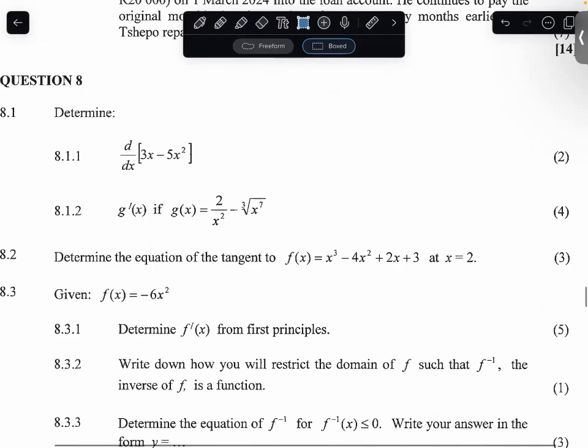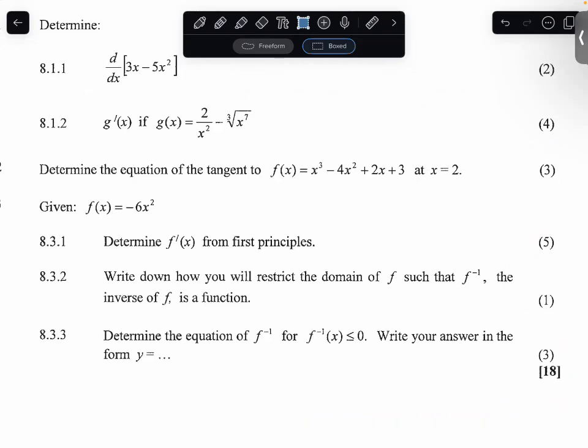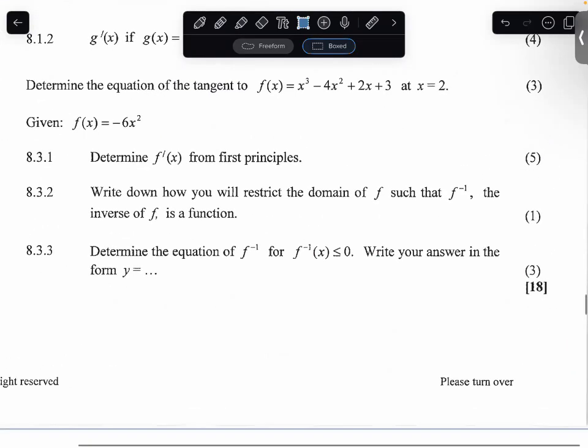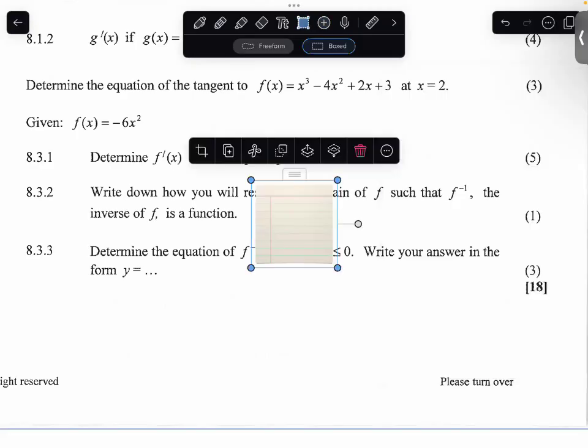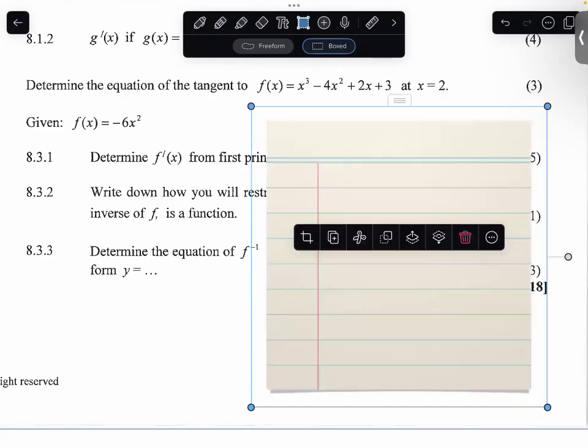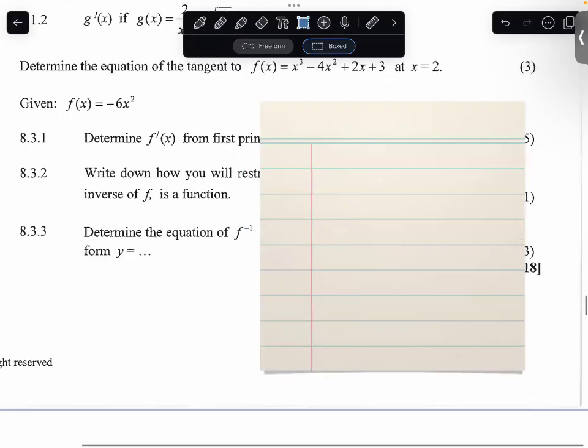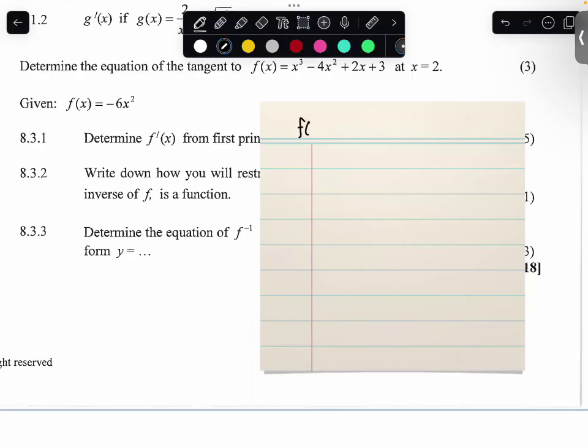Given f of x is equal to -6x squared, determine f prime x from first principles. First principles is a formula, you need to learn it. So we're first going to find f of x plus h. That's the first thing you need to do.